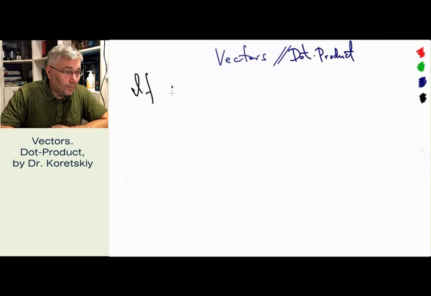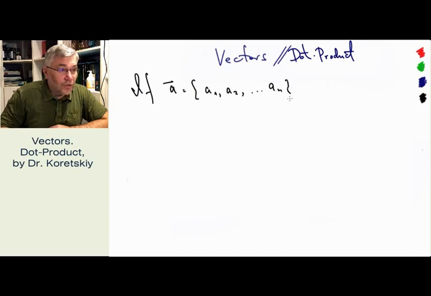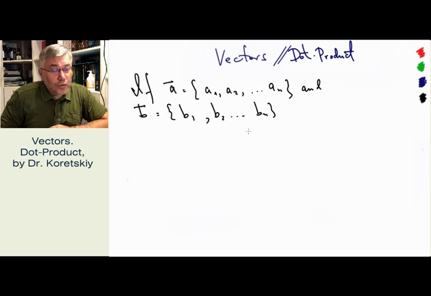If A is a vector with components a1, a2, ..., an, so we have an n-dimensional space here, and B is a vector with components b1, b2, etc., bn, the dot product a dot b can be defined as a sum of the multiplication of the corresponding components.